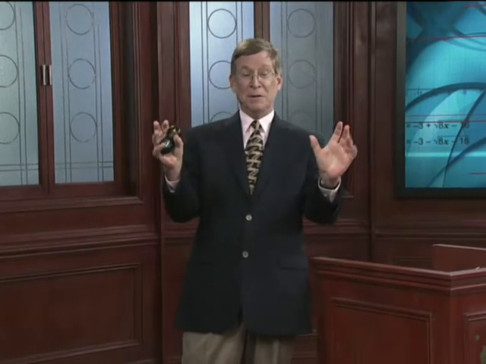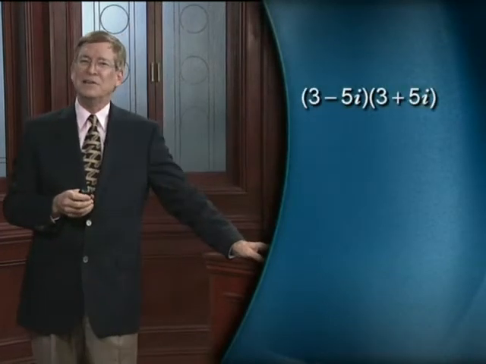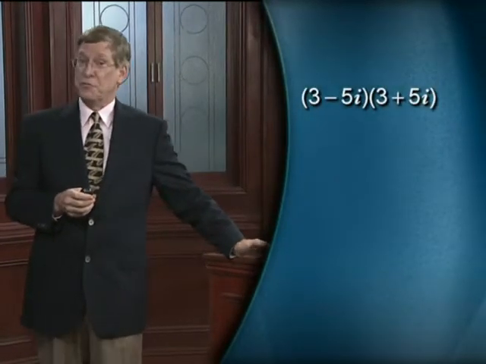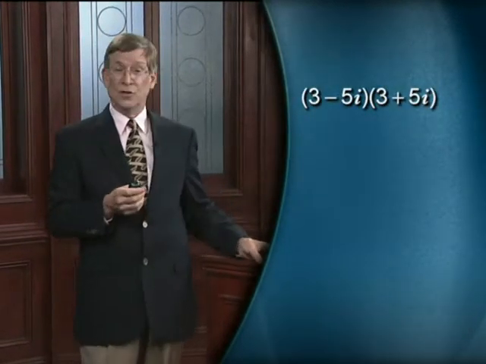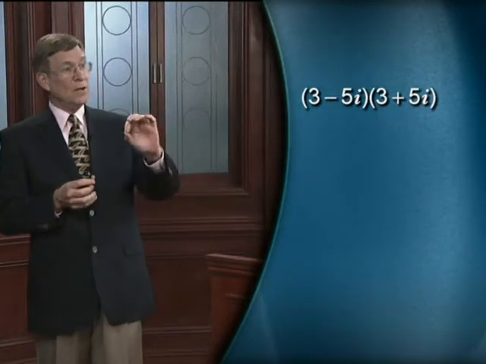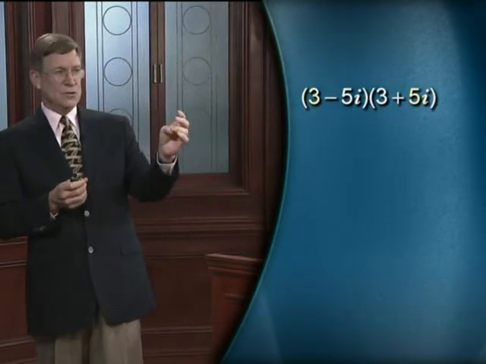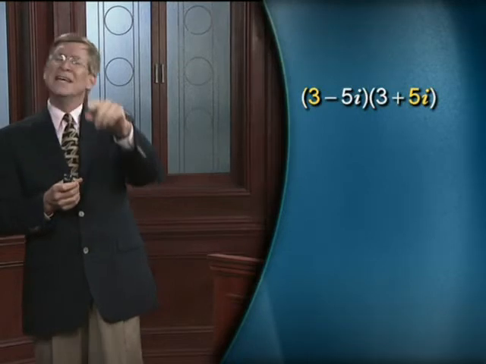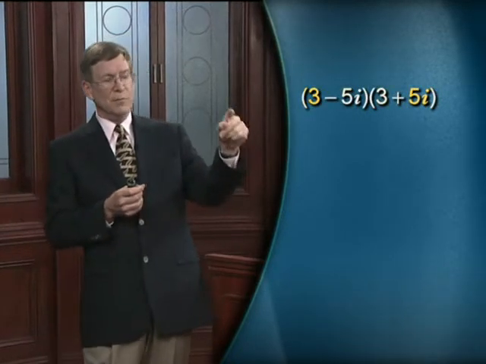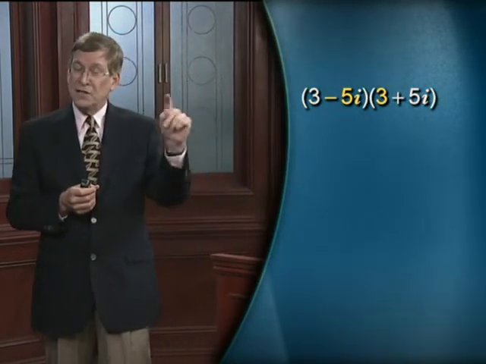Now, we've talked about complex conjugates. What if you multiply a complex number by its conjugate? Well, let's see what happens. How about 3 minus 5i times 3 plus 5i? Those are conjugates of each other. Well, you notice that the middle terms, 3 times 5i, cancels with the other middle term, minus 5i times 3.